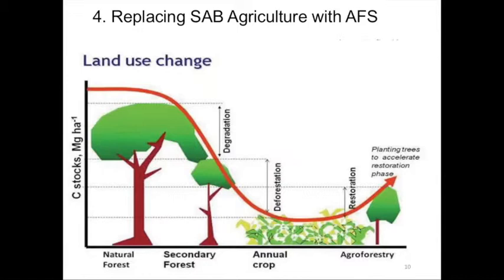So this will consist in our case in including trees within the traditional slash and burn agriculture, and also eventually reducing even the slash and burn technology, since the agroforestry will be able to restore the soil productivity.